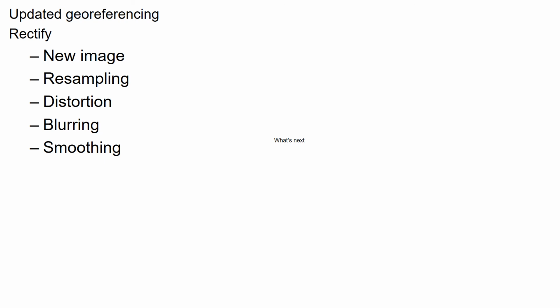Rectifying it creates a brand new image that has already been bent and twisted, if you will, to fit the given projection that you want. This new image is then populated with information from the old accordingly. In order to create this new image, you have to go through a process of resampling, which can cause some distortion, blurring, or smoothing of your data, but that is generally acceptable.